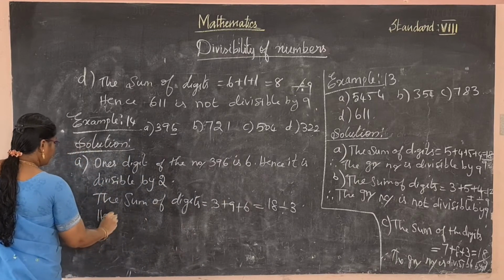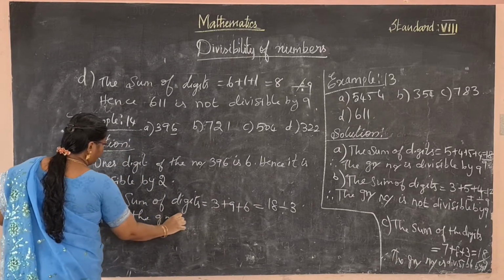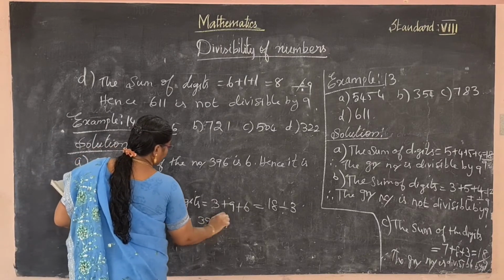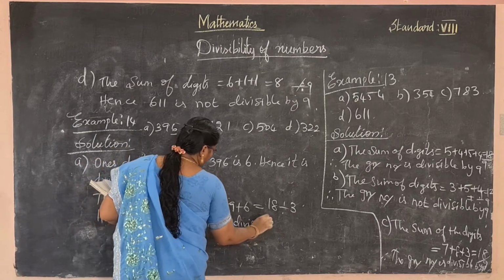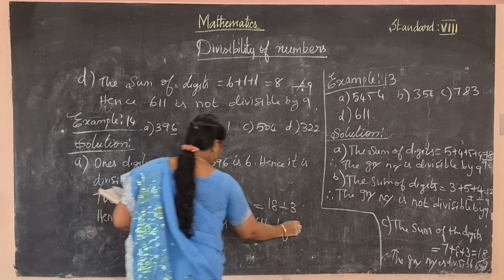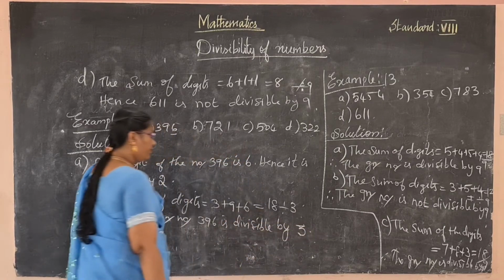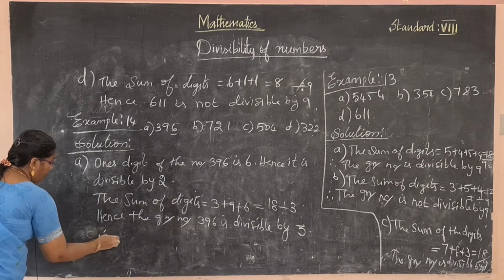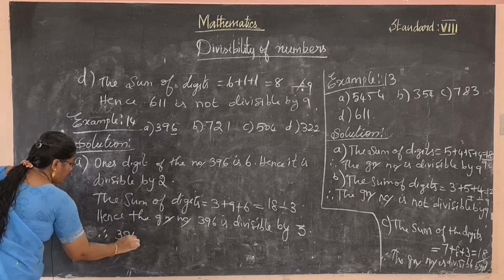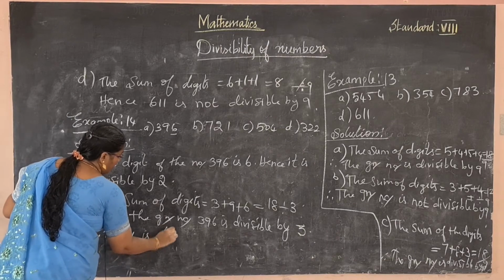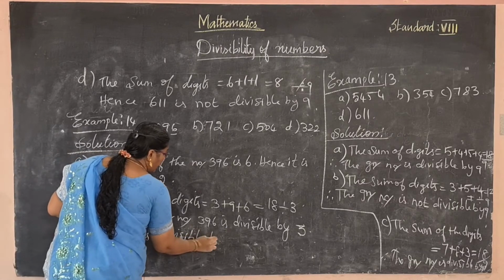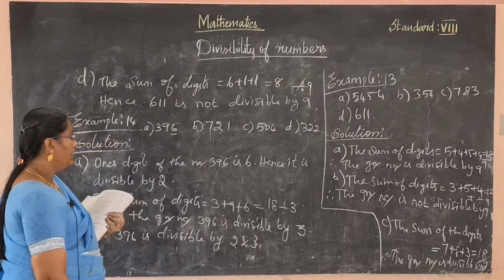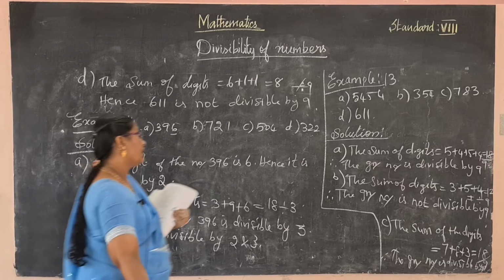Hence, the given number 396 is divisible by 3. Okay, so both are satisfied. Therefore 396 is divisible by 2 and 3. Okay, 2 and 3, first one satisfied. Move to the second, B.